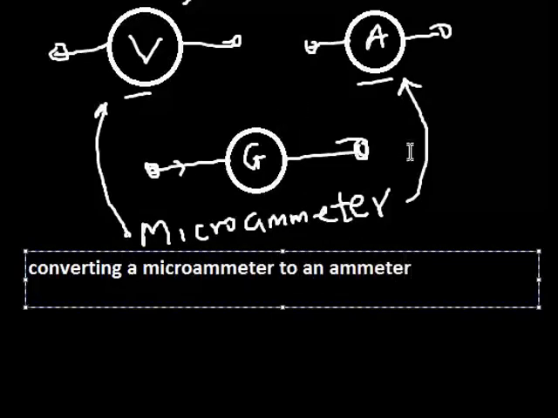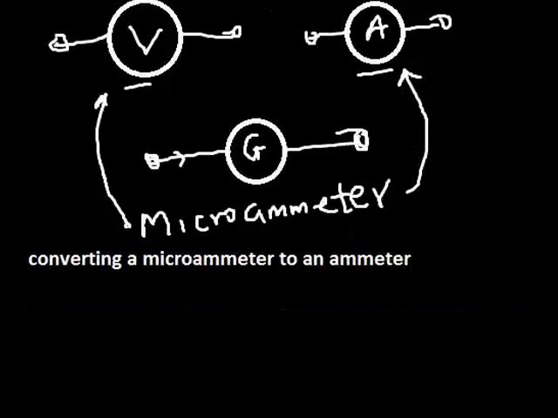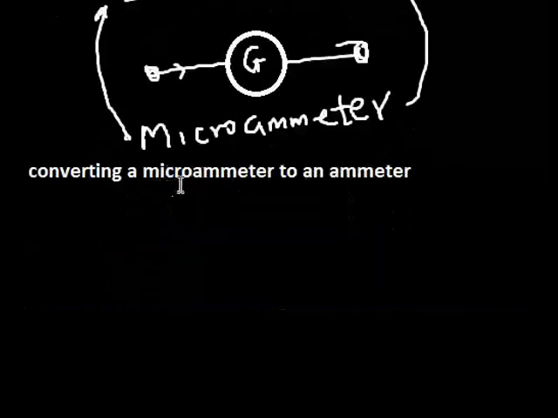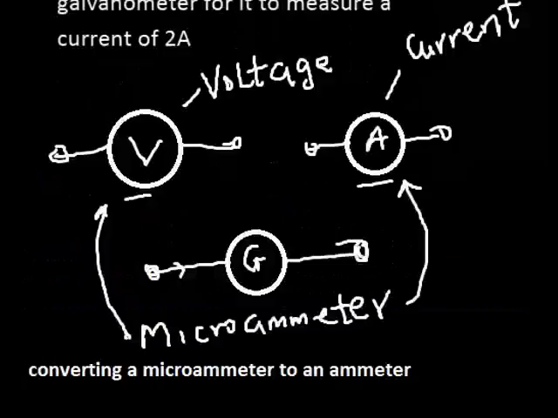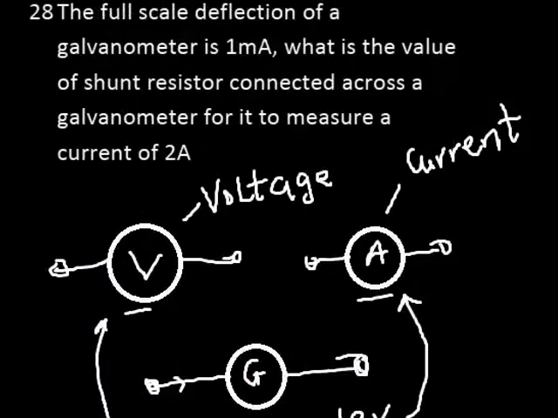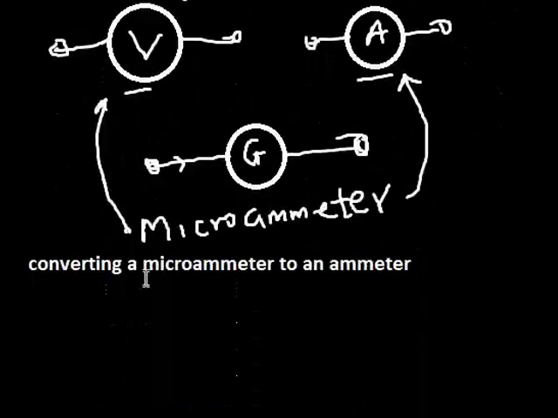A microammeter only measures a very small amount of current, micro current, but an ammeter measures normal current, up to ampere. So please take note of that.